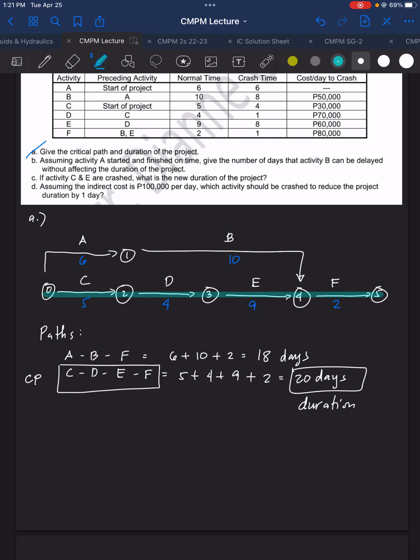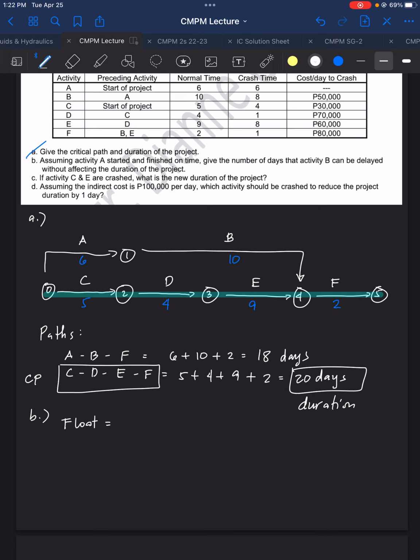Therefore, the activities that you can delay are A and B. Now, it says in the problem, assuming that activity A finished on time. So, how will you find the number of days that you can delay activity B? What is it looking for? It's looking for the float.